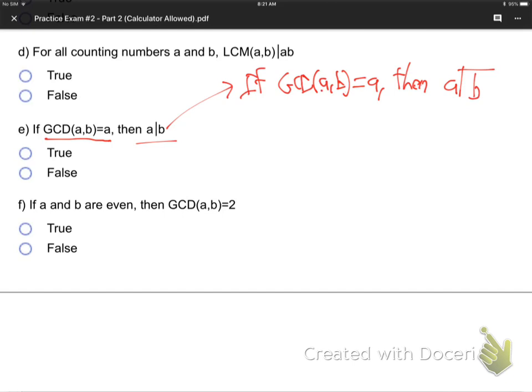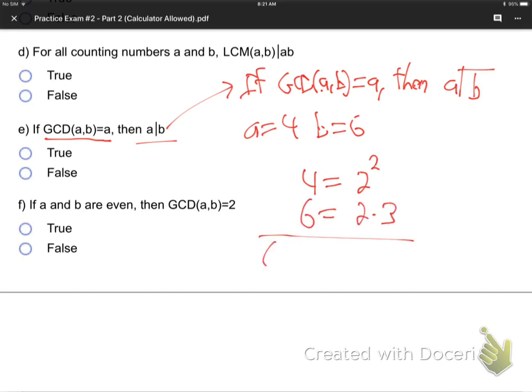that meets the if. So how about if A is 4 and B is 6? Let's do that. 4 is 2 squared. 6 is 2 times 3. So the GCD, now this says greatest, so we actually take lowest. Lowest number of 2's is 2. Lowest number of 3's is none. So it's just 2.